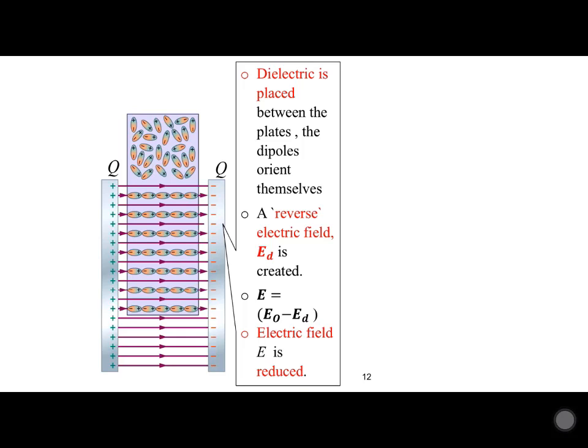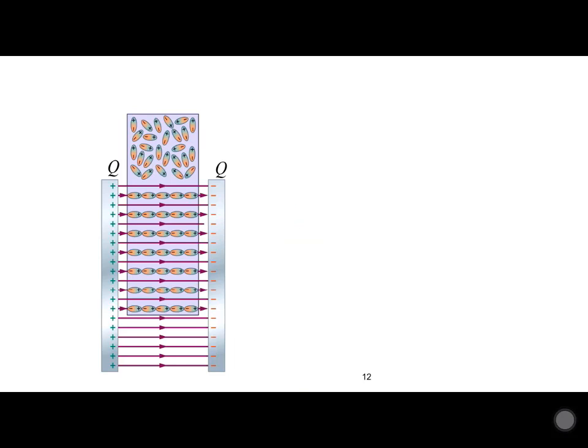And a reverse electric field E D is created, as initially without the dielectric it only has E naught, but when the dielectric exists, it will have a reverse field of E D, E naught and E D.